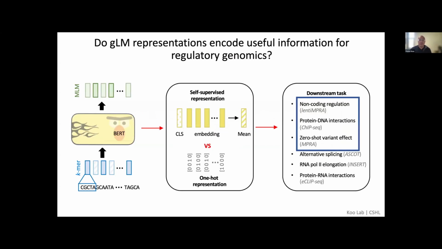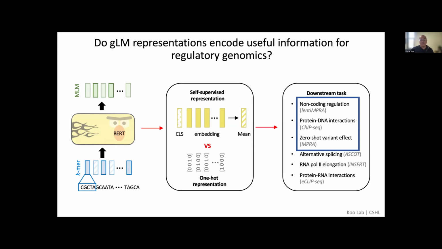To answer that question, we designed the following experiments. For each of the genomic language models, which I'll mention in the next slide, we probed the embeddings from the penultimate layer. These embeddings represent the features learned during pre-training. And importantly, the model weights were not fine-tuned. So these embeddings purely reflect what the model has learned during pre-training.